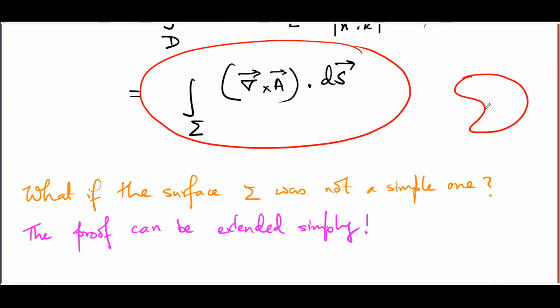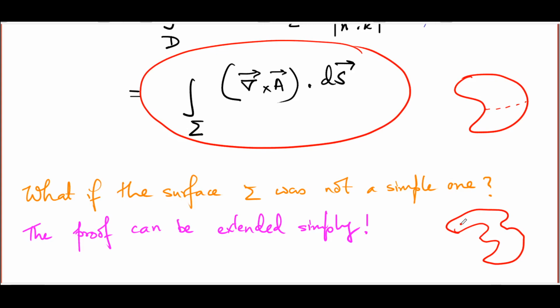In this case, you would have to break up the surface into two pieces, each of which would be simple surfaces, and Stokes' theorem would work for each one of them, so it would work for the combined one as well. I'm not going to bother giving you the most general proof in this case, because I'm pretty sure you can think of how to repair the proof in case your surface were even more weird, like something like this, and so on.